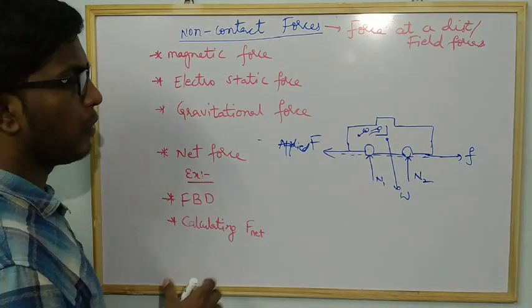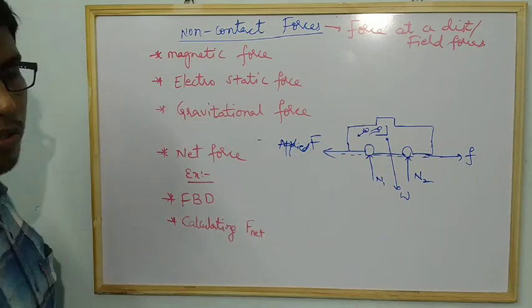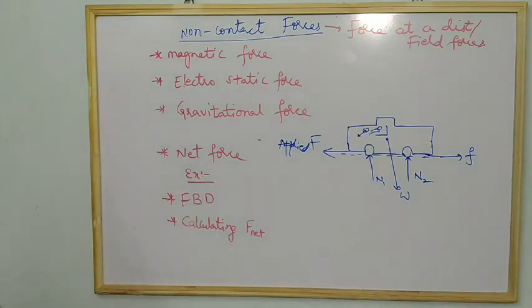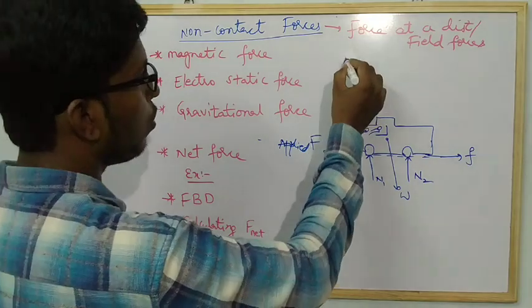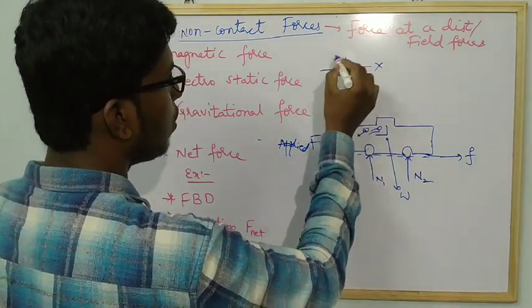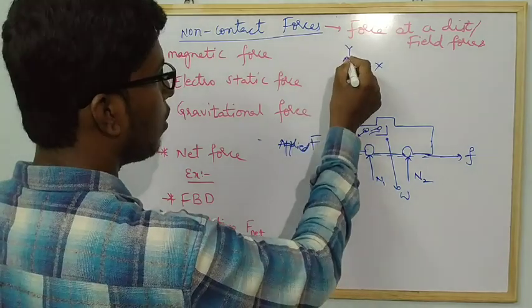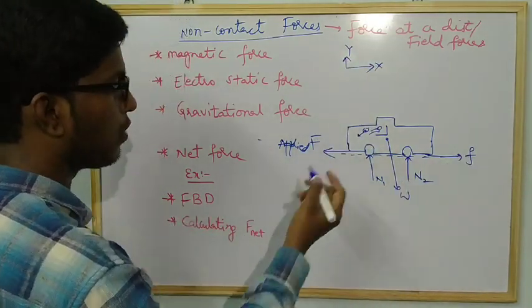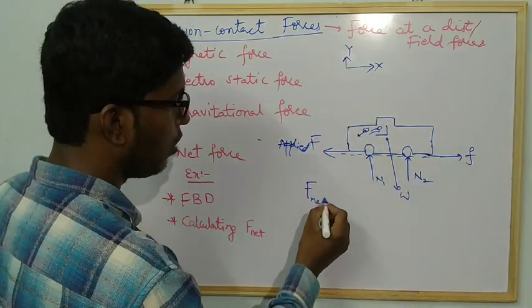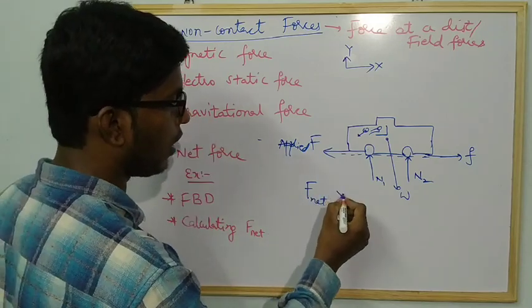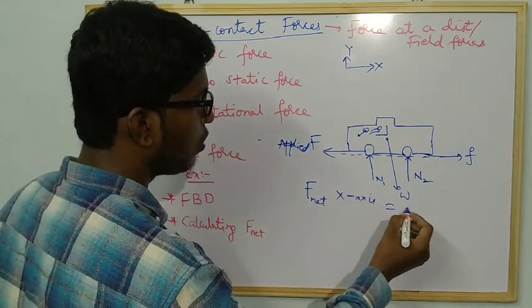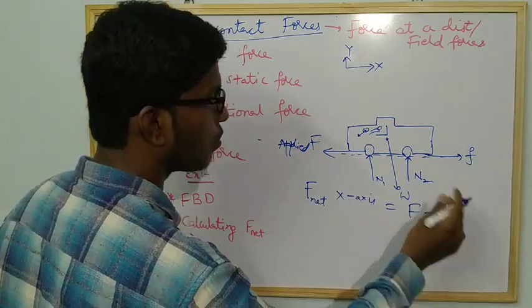Suppose I ask what the net force is. Assume that this is the graph, with the x-axis and the y-axis. Here consider these two forces on the x-axis. If I ask what is the net force, meaning the total force acting on the x-axis, what will you say? Capital F minus small f.